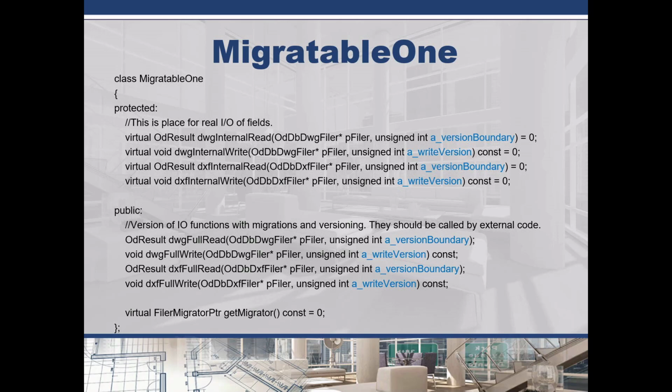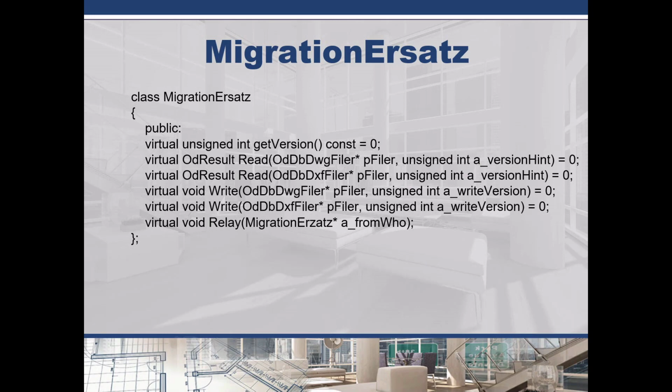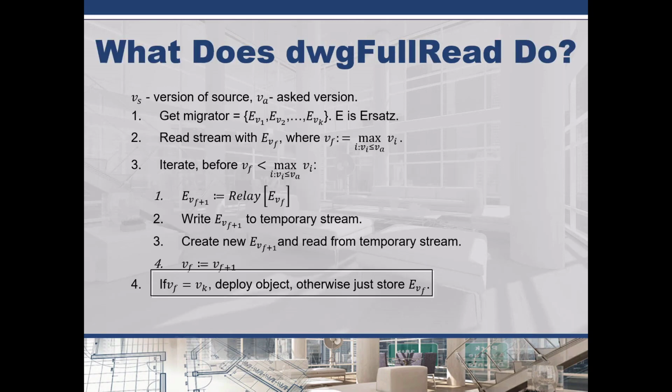They encapsulate all logic of migrations. You can see that the signatures contain version limitations: read with what version, write with what version. It's needed to send the version deep into the tree of input-output functions. We can see the same signatures in the ersatz interface.